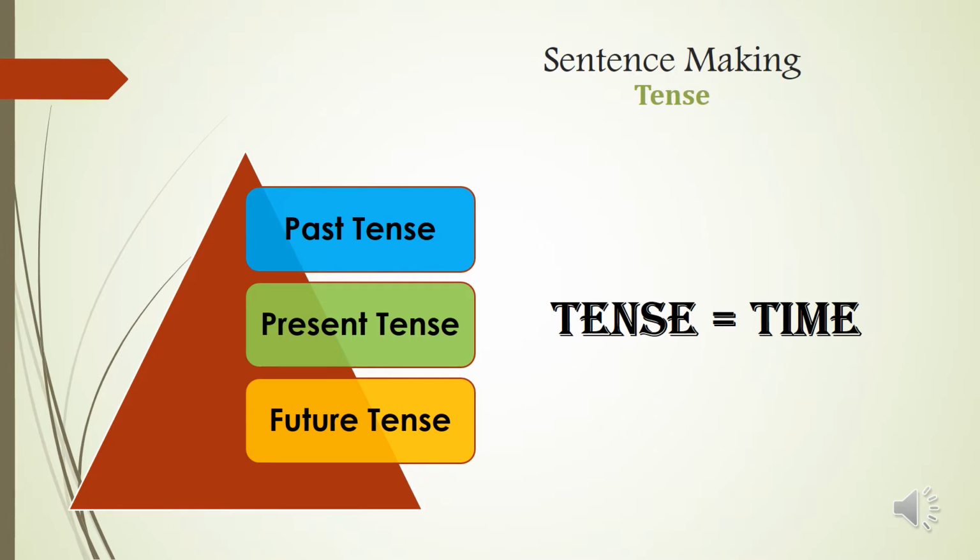Yes, so that means future time, that means future tense. So there are three kinds of tenses: past tense, present tense and future tense. Today we will only learn to write sentences in present tense.